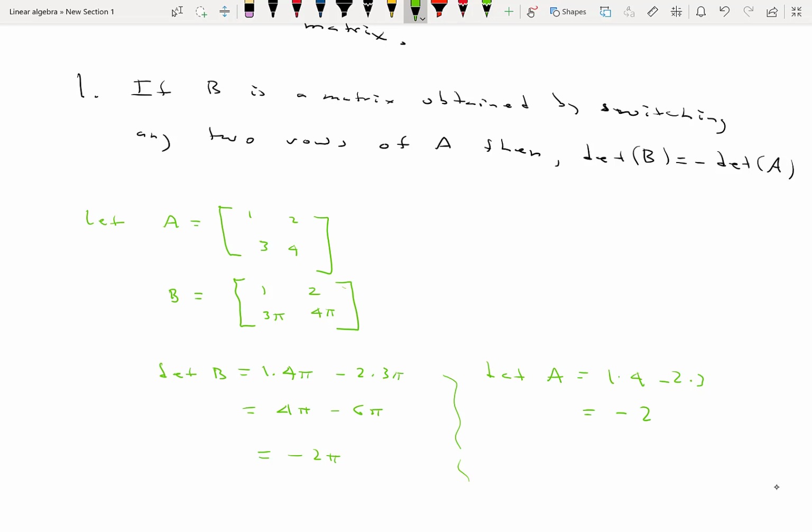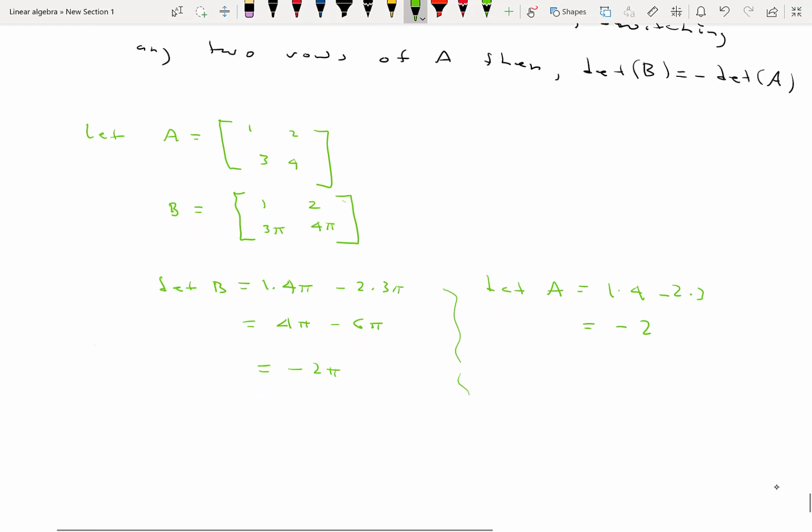So if I multiply the second row by pi, that changes the value of the determinant by a factor of pi. In other words, the determinant of B is pi times the determinant of A.